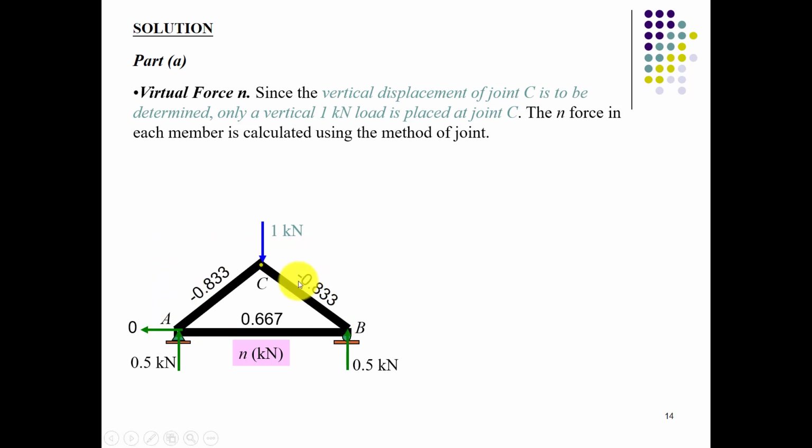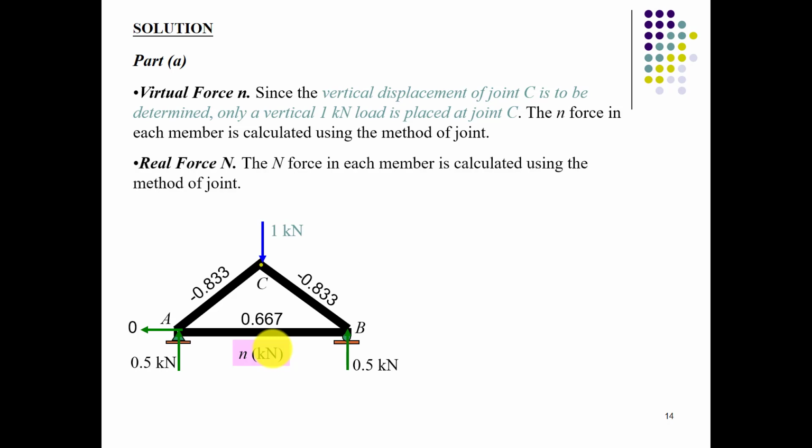A minus value shows that the member is in compression. I have solved the truss elements earlier in this course, so you can go over there and learn how we can determine the member forces or member response. So in this example, I will not go into the detail of how to calculate the reactions and member forces. I will just go on with the principle of virtual work.